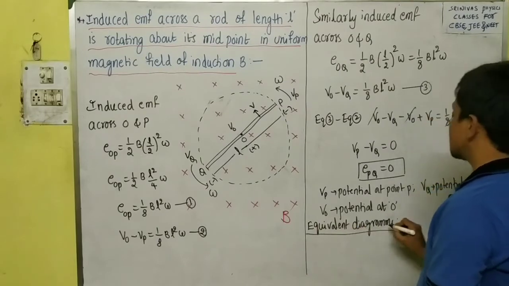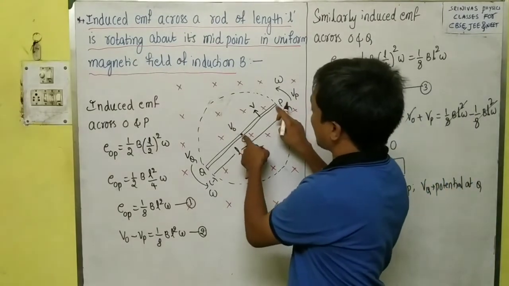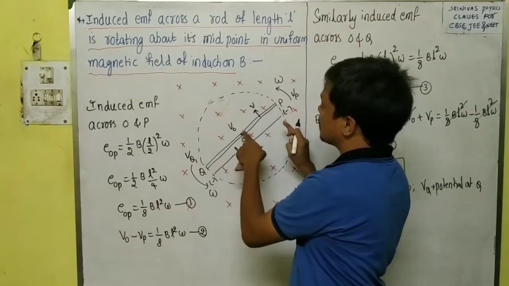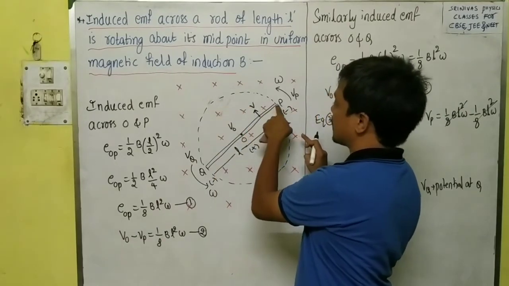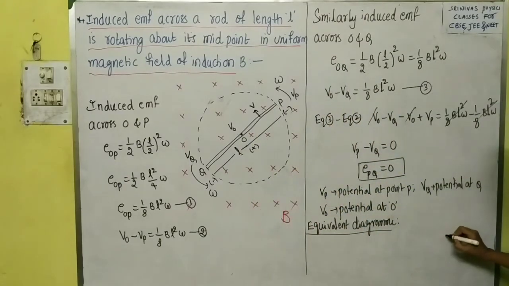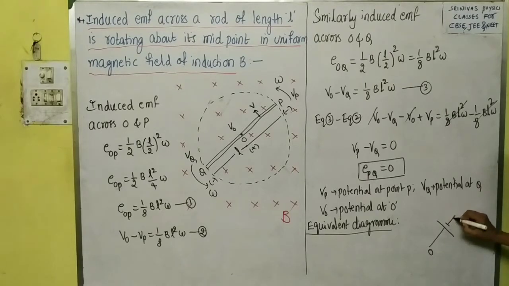We know that if this is one rod, its length is L by 2, rotating like this, then O acts as high potential and P acts as low potential. OP will act as one cell. That we write here: this is O and this is P. This will act as one cell, its EMF is EOP, with this positive and this negative.